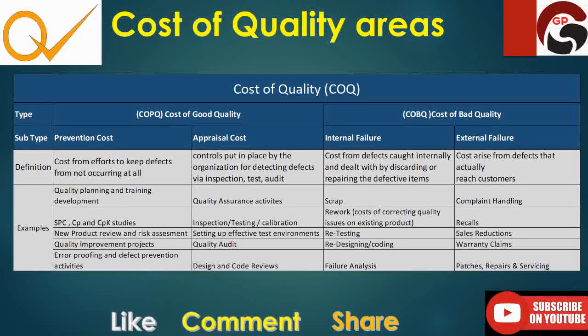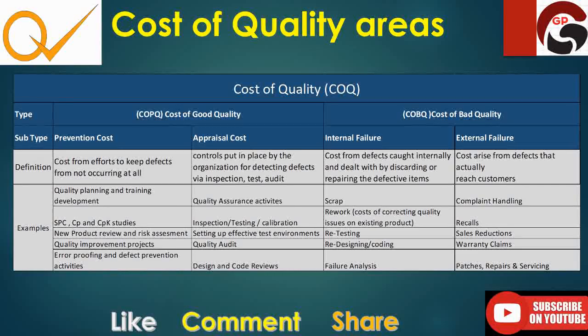Cost of quality areas. In this slide, we are showing the examples for each category. For prevention cost: quality planning and training development, statistical process control, capability studies, new product review and risk assessment, quality improvement projects, error proofing and defect prevention activities.